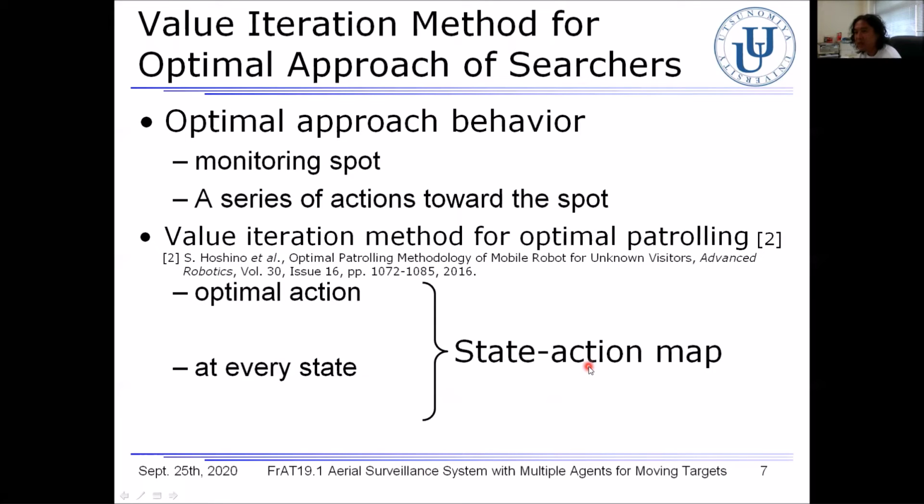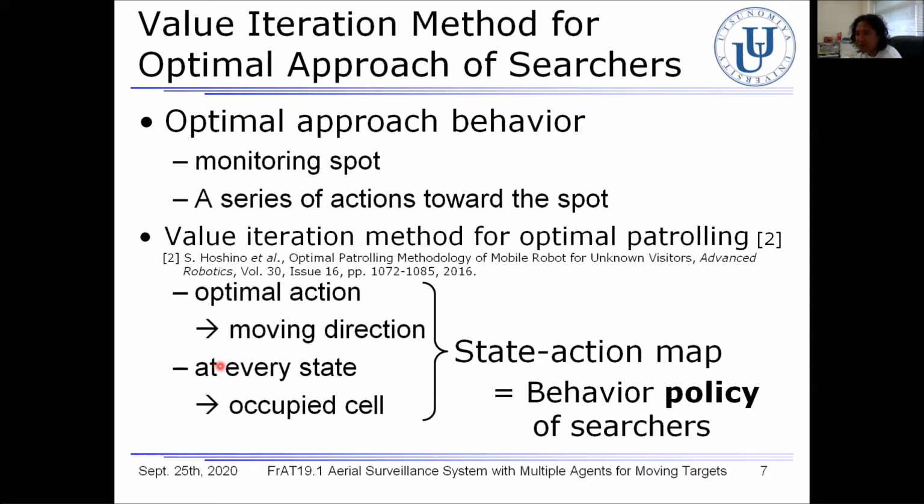The space of the environment is already divided into the cells, so we also focus on this state action map in this research work. So in the value iteration method, first off, the state is defined as a cell occupied by a searcher, and the action is defined as a moving direction of the searcher in the cell.